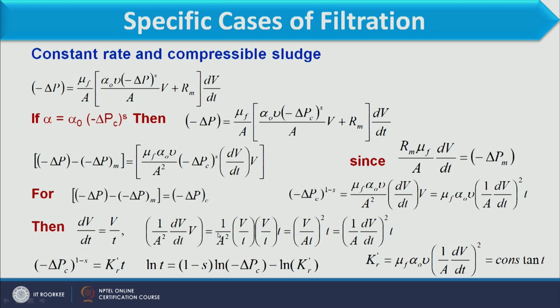It is equal to 1 by A square, where dV by dt is replaced by V by T, and here we have the V value that we multiply and divide by T.